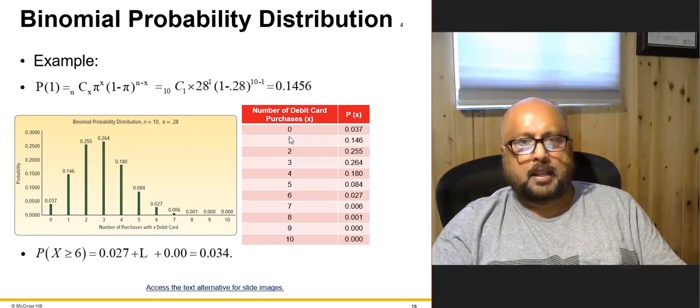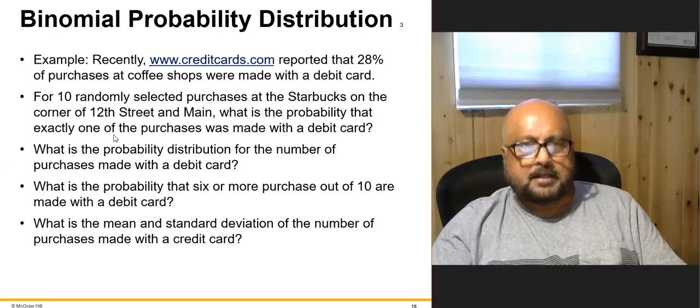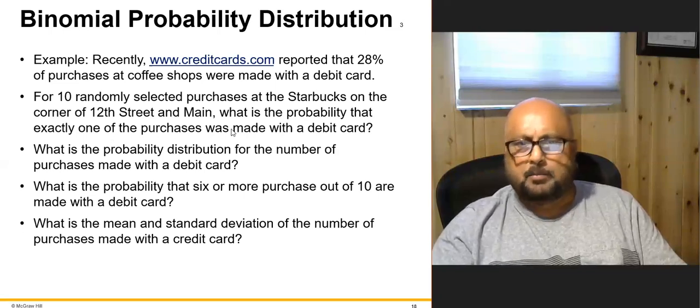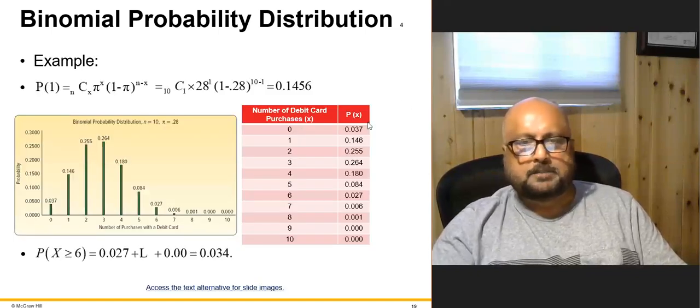Okay, random variable 1. That means, because they're asking us, what's the probability that exactly one of the purchases was made with the credit card? What we found is that the probability is 0.1456, for one credit card usage.